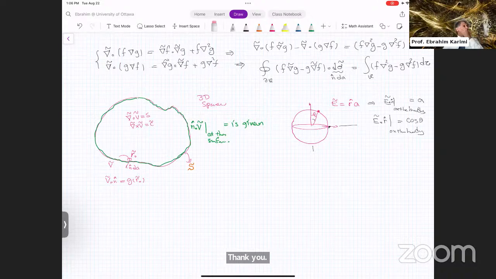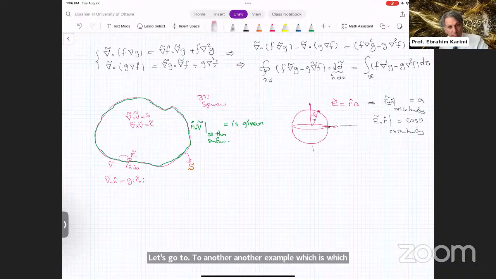Now let's go to another example, which is a very important one: what we call the Helmholtz theorem, or second Helmholtz theorem.